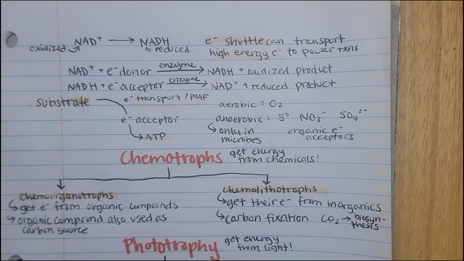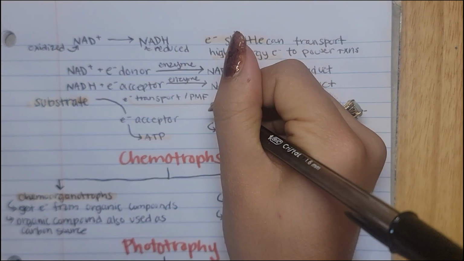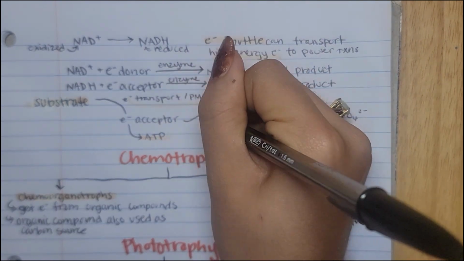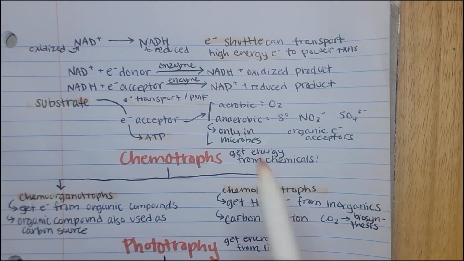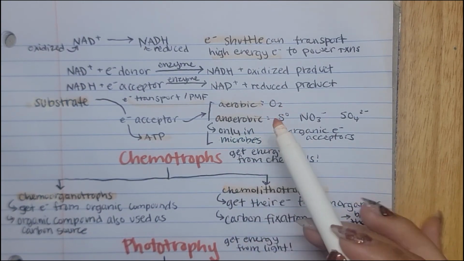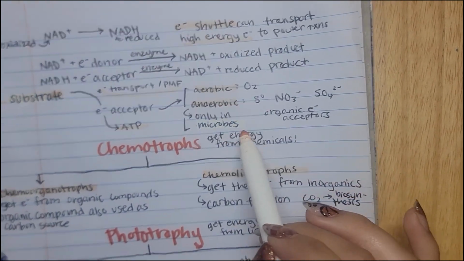And so some of these electron acceptors, our aerobic and anaerobic, oxygen is kind of the most common, but you can also see anaerobic things, but that's only in microbes.